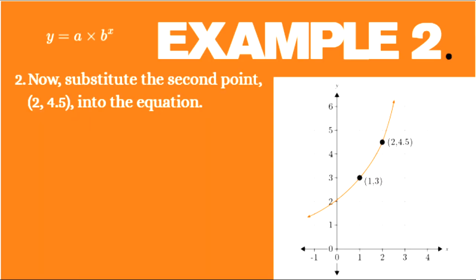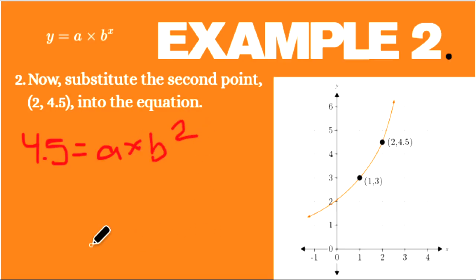Now substitute the second point into the equation. We know what a is, but we're not going to worry about that right now. We're going to take this and go y is 4.5, and it's equal to a times b raised to the power of 2.